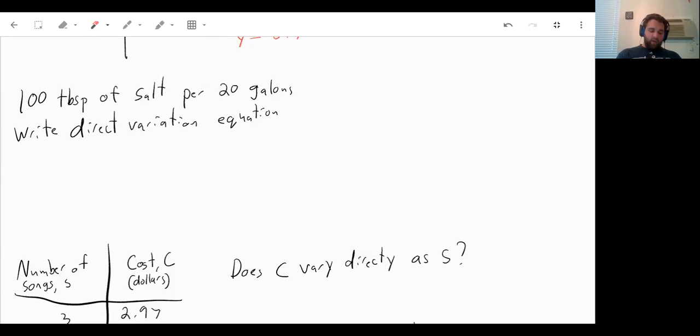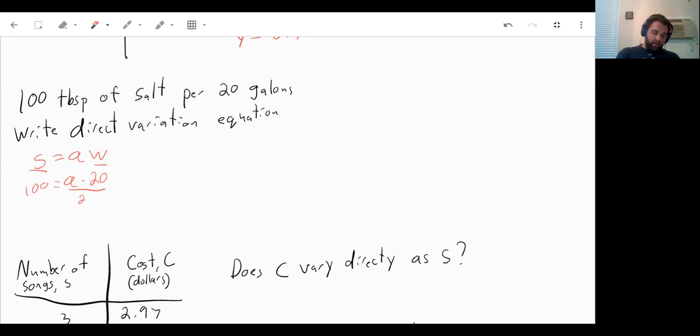Well, what we know is that our amount of salt varies with our amount of water. So salt, water. The amount of salt was 100. That equals A times W, and the amount of water was 20 gallons.